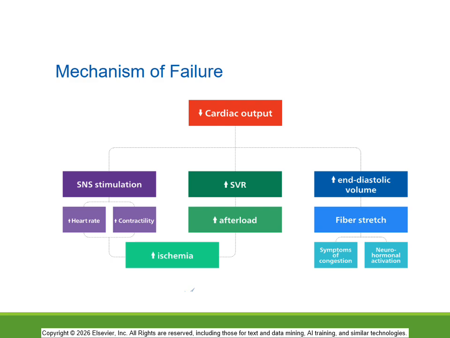So when we look at our stroke volume, we're going to look at our preload first. And with fluid overload, our preload is going to be high. When we look at afterload, we look at our systemic vascular resistance, and that vasoconstriction results in an increase of SVR, so that will be high.